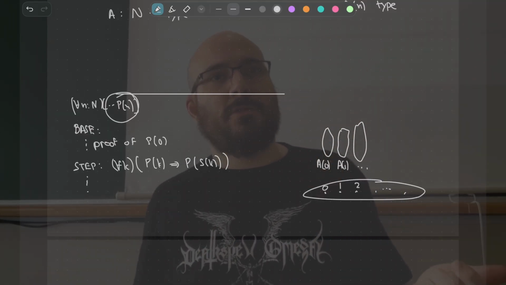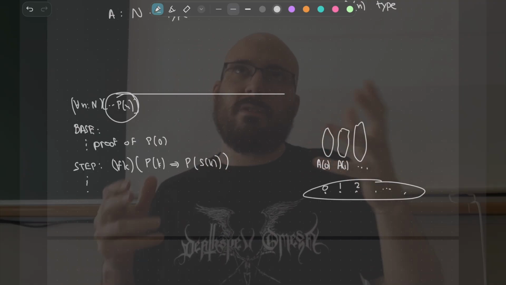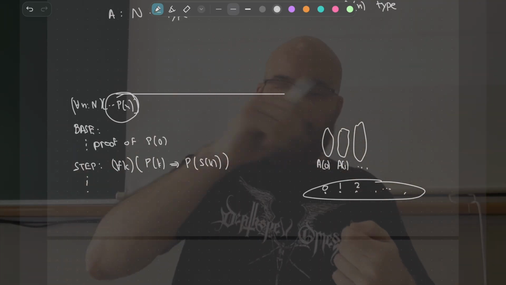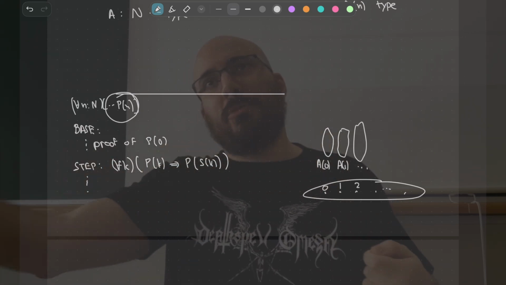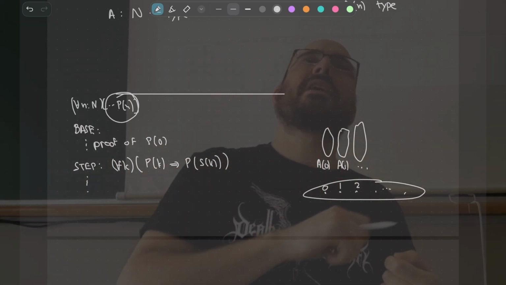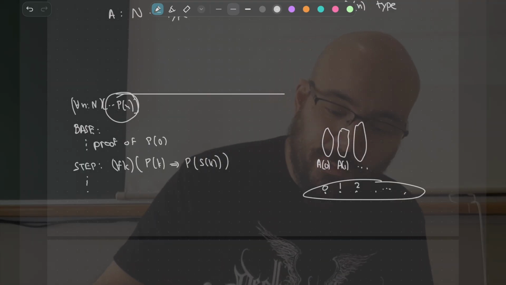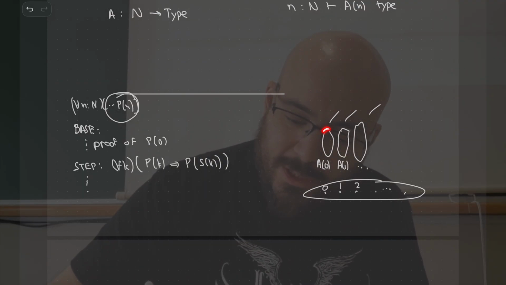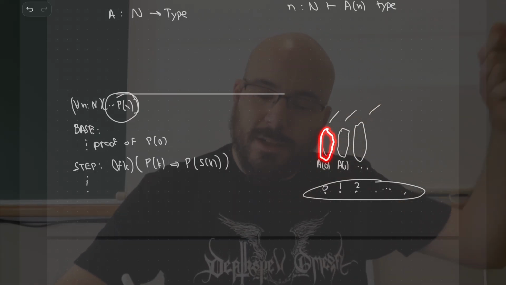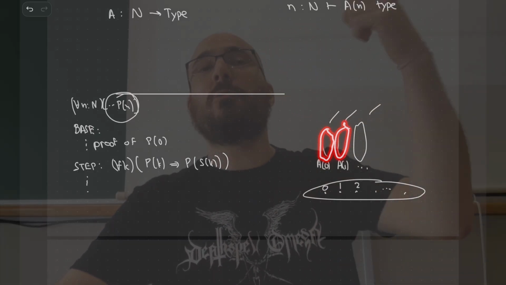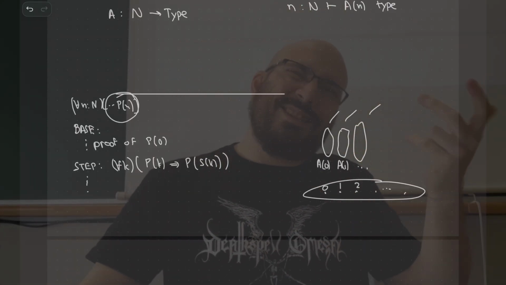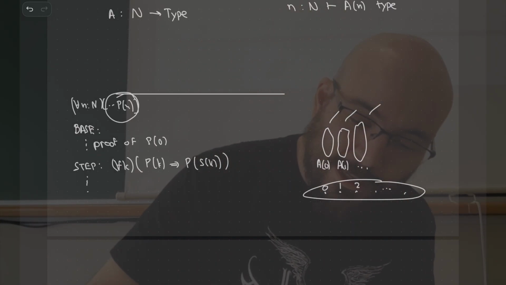By recursion. The complication is that the usual recursion that I have learned so far doesn't allow the codomain to vary according to the input you gave me, because I don't want to keep proving the same thing. This varies, right? This is the collection of all proofs that 0 is nice. This is the collection of all proofs that 1 is nice, that 2 is nice, and so on and so forth. So it has this extra complication that we'll take care of now.